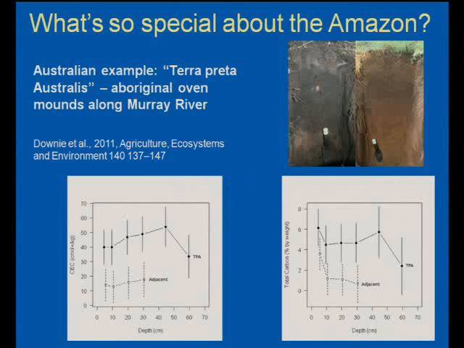These Terra Preta australis soils have much higher carbon contents all the way through, and we've shown that a lot of that is due to the presence of char. And once again, even though these soils aren't as low in CEC as the rainforest soils in the Amazon, the presence of that aged biochar is making a big difference in the cation exchange capacity.